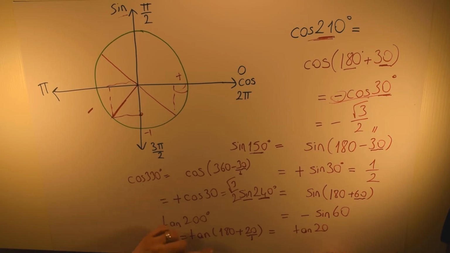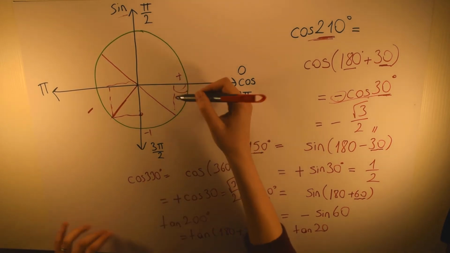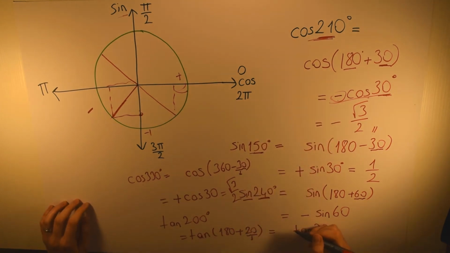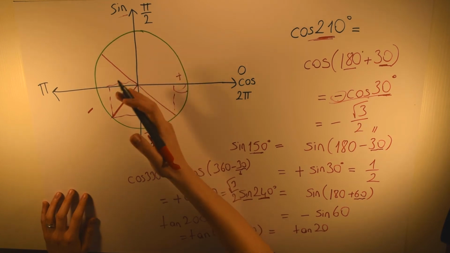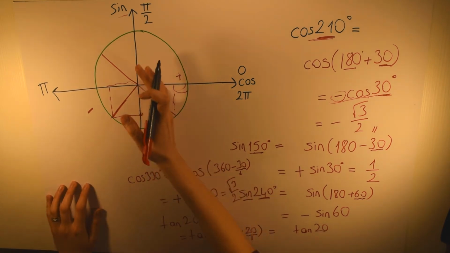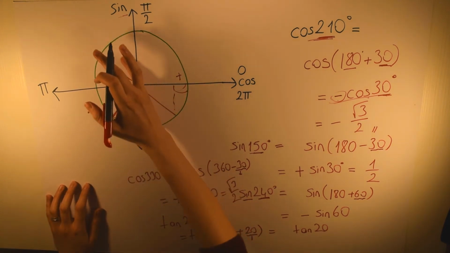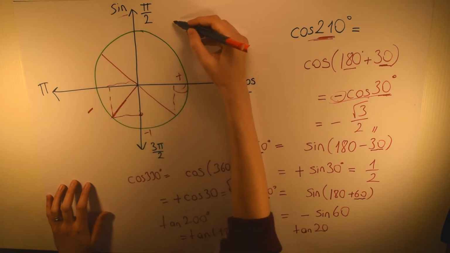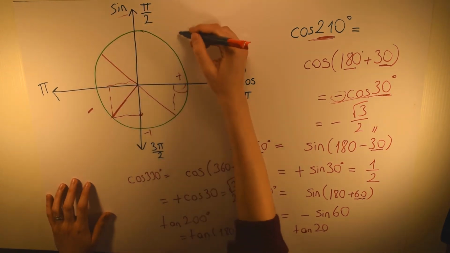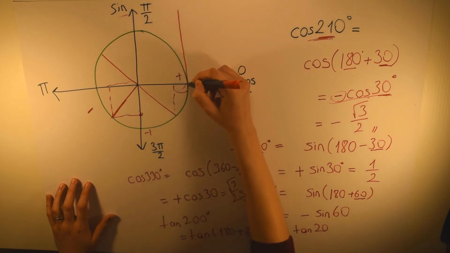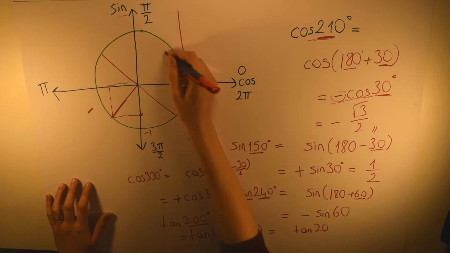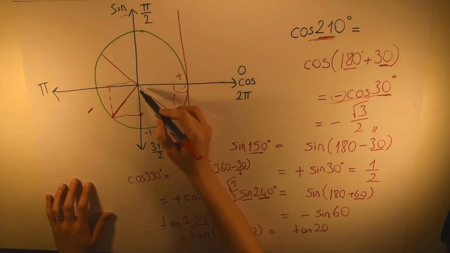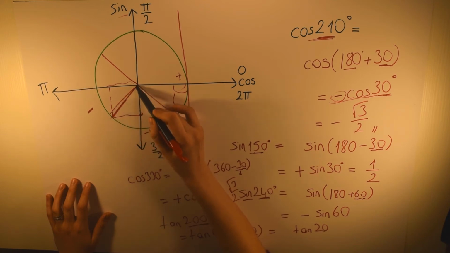To find this, let's do this here. How do we find the sign? As you remember from our previous lectures, this is how we draw the line of tangent. We draw a parallel line to the y-axis, right? It's something like this, right? So when we look at 200 degrees on this unit circle, 200 degrees is somewhere here, right?